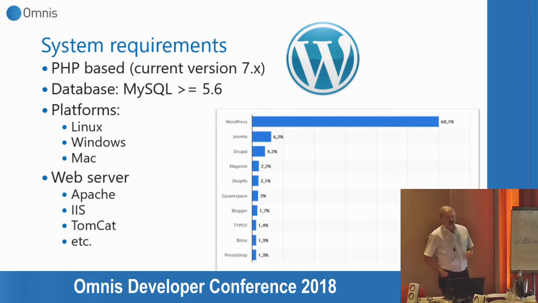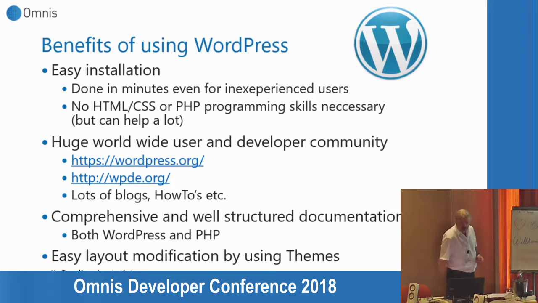You have the option to run WordPress also with Microsoft SQL Server with some changes and updates and some plugins, but in that case I wouldn't recommend that, so MySQL is just fine. Then the platforms WordPress is running on are Linux, Windows, Mac, and the web servers Apache, IIS, Tomcat, to name just the most important.